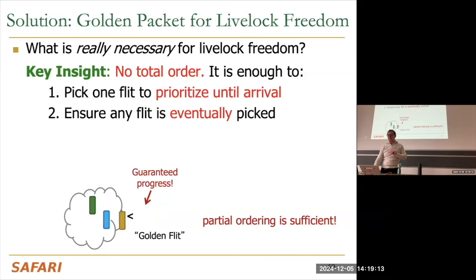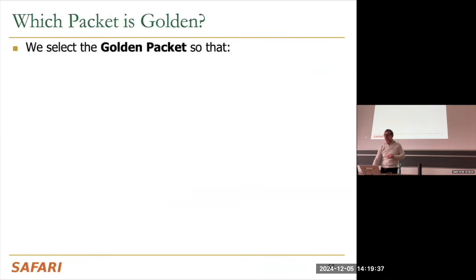And then if you ensure any flit is eventually picked, then you guarantee livelock freedom. Hopefully this makes sense. And you don't need any age over here. You don't need to know when a flit is injected. You can just assign an arbitrary static ordering across all potential flits that could go into the network. That's the idea over here.